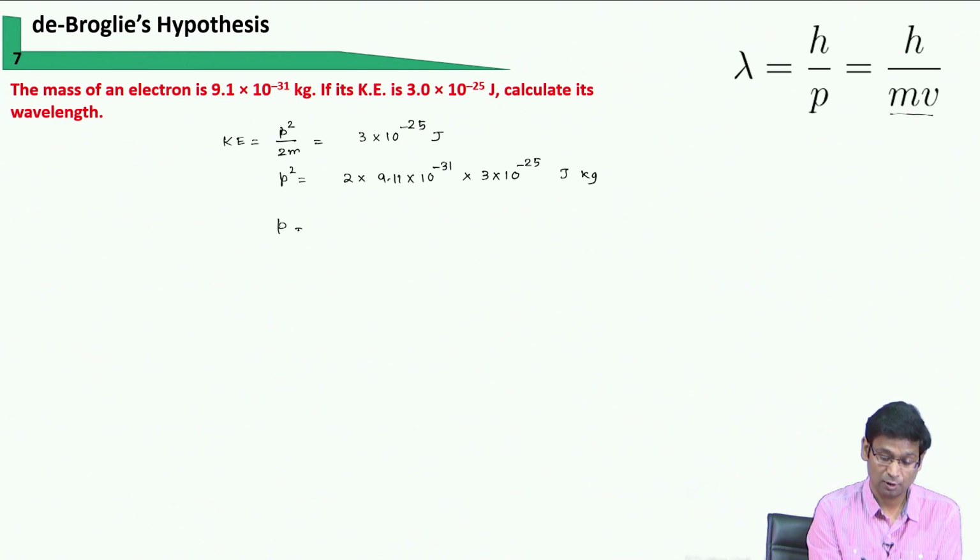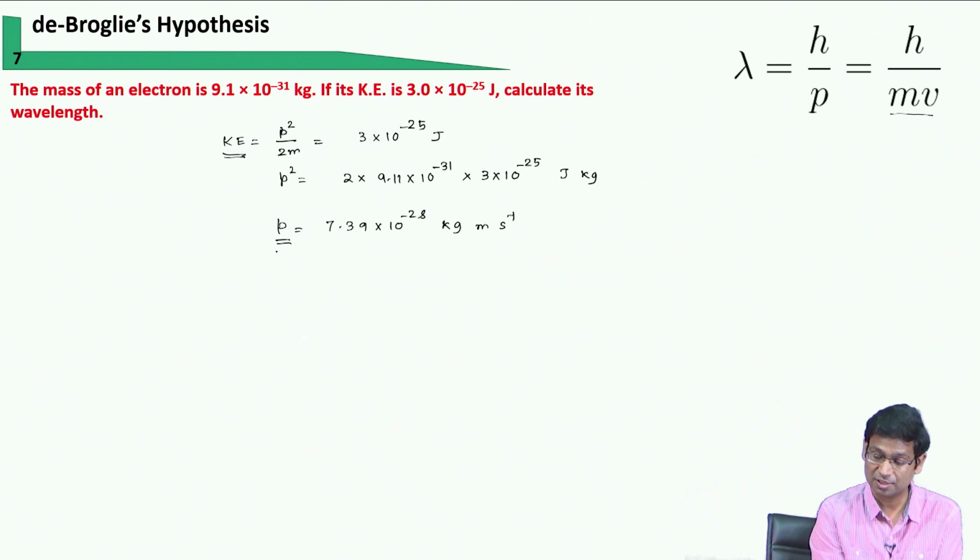Therefore, I will get p as the square root of this quantity, and the p that would come out to be is 7.39 into 10 to the power minus 28, with the unit of kilogram meter second inverse. So, now I got the momentum of this particle from the kinetic energy. If I know the kinetic energy, I get the momentum because I already know the mass of this particle.